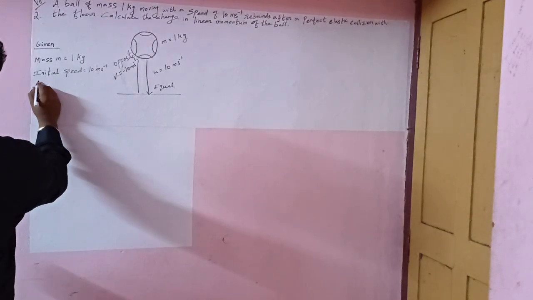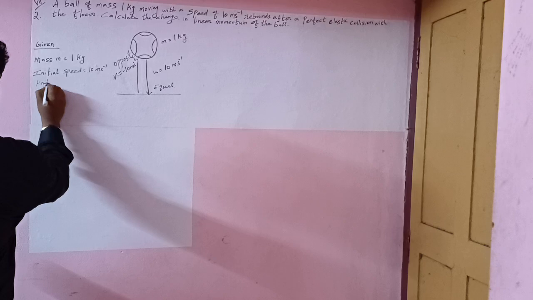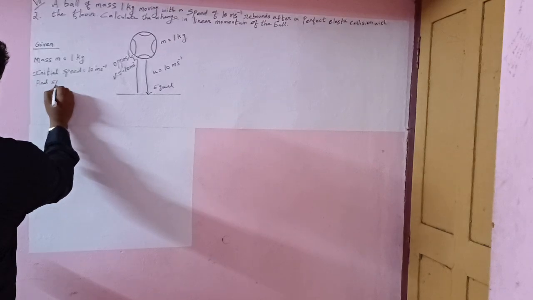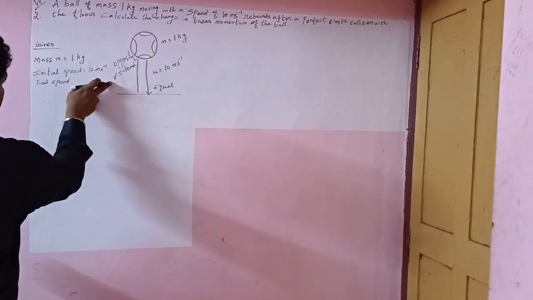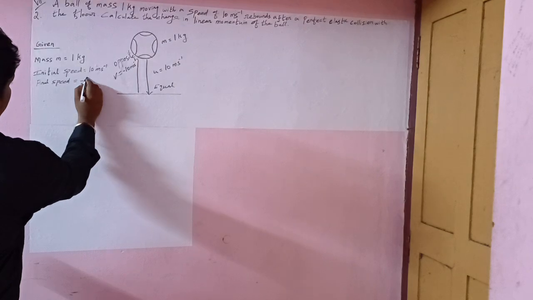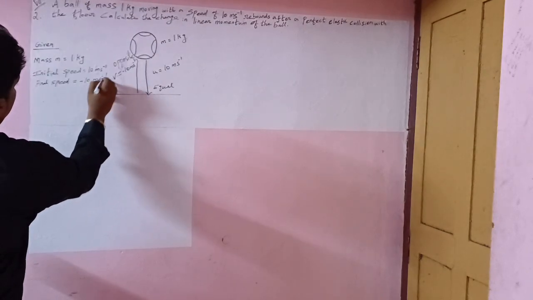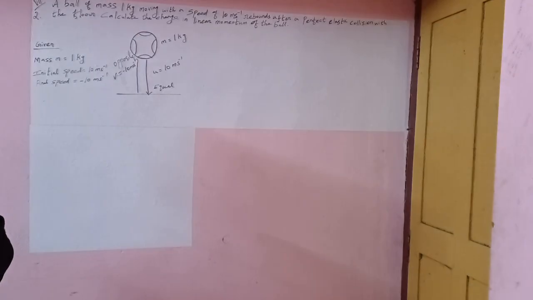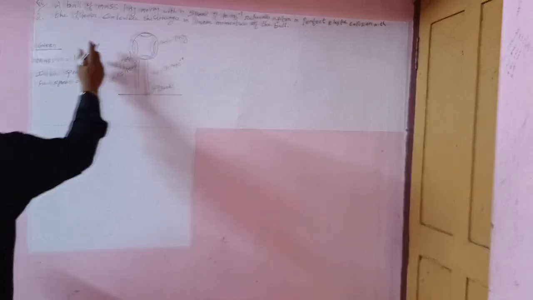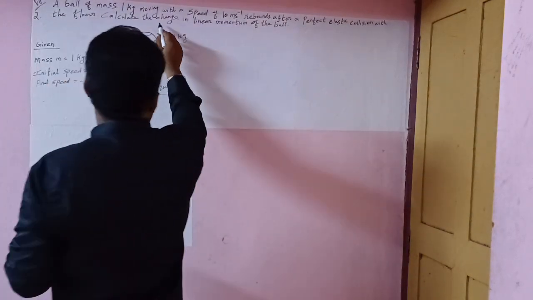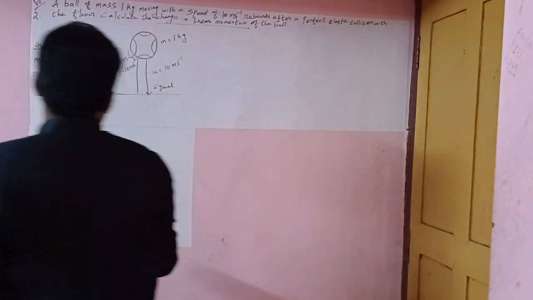Next we have to find the final speed. What is the final speed? Because it is the opposite direction, it is minus 10 m s^-1. We only have to find the change in linear momentum.